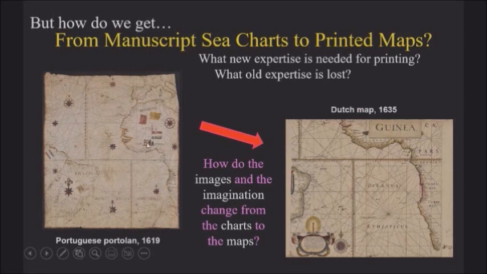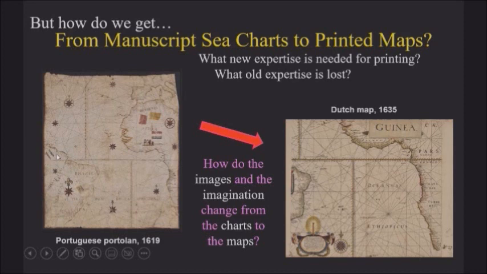Flags are all over the late portulan charts to indicate power. In this case, on this particular Portuguese portulan, there's an indication that the Dutch have taken over by 1619 this castle that was initially created by the Portuguese, and the Dutch have a toehold in the northern part of South America as well.